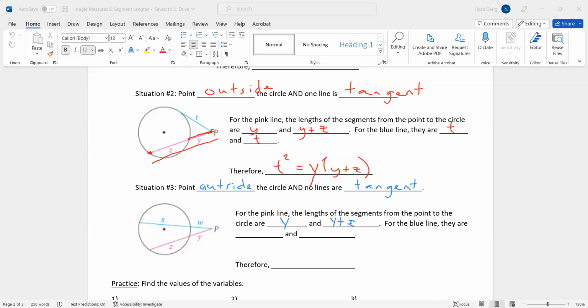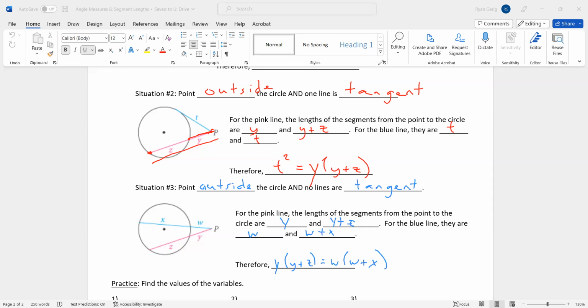It's very similar to the pink line. It's W and W plus X. So the theorem says that those products are the same. So Y times Y plus Z equals W times W plus X.